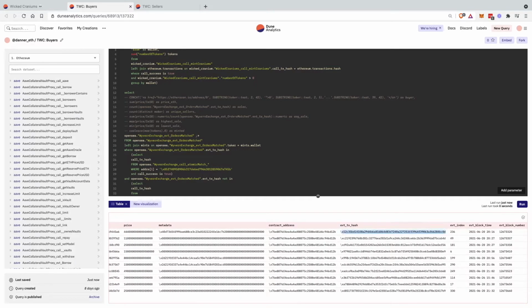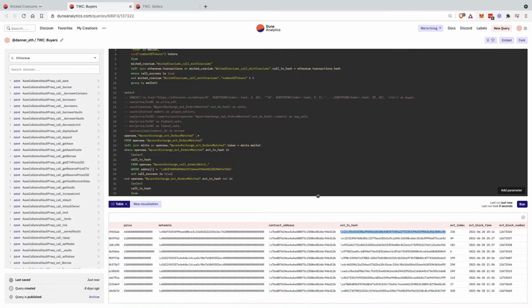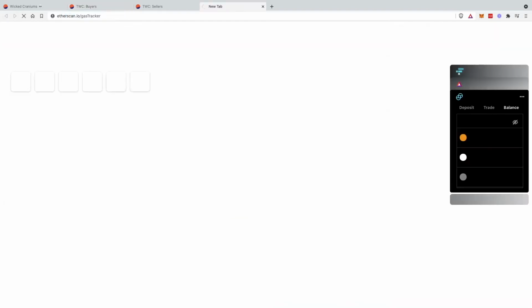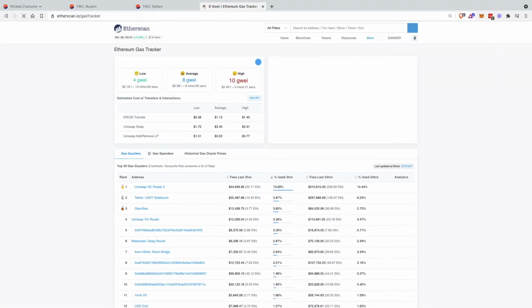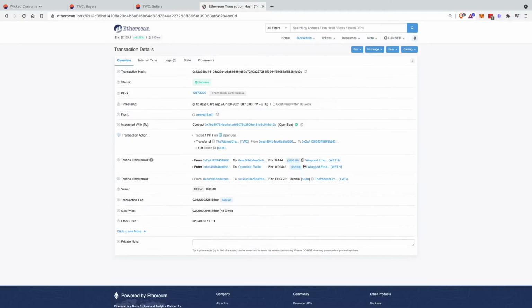So why do we have a different event hash than buy hash? So again, here we see this wrapped Ethereum transferring one Wicked Cranium from this account to that account.